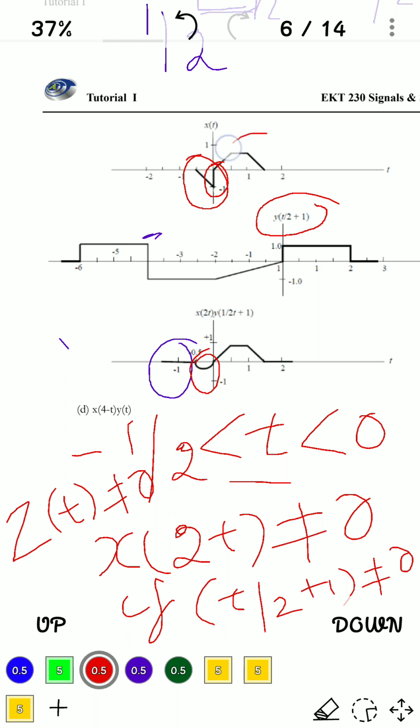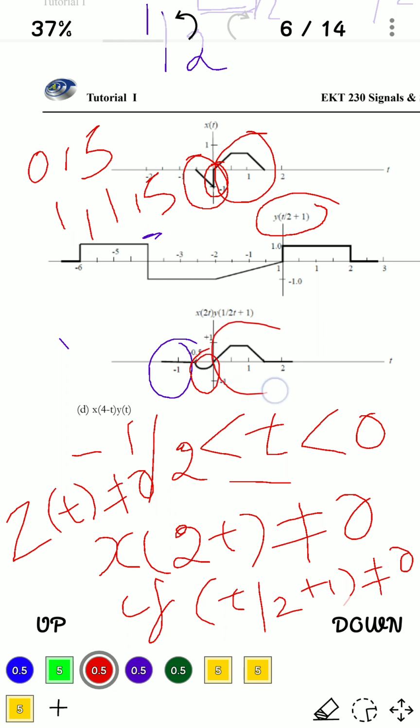So for all these time periods the amplitude is 1. Here also the amplitude is 1, right? So what is 1 into 1? It is 1. Therefore you got this particular signal.